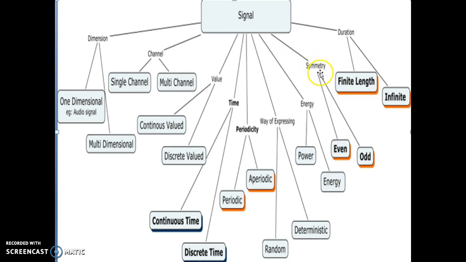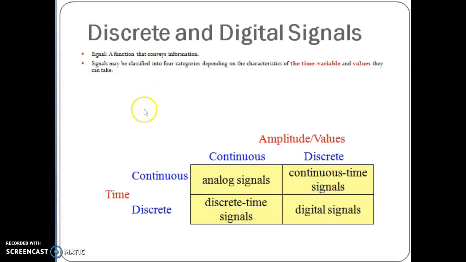Depending on symmetry, we can classify signals as even signals and odd signals. And by duration, a signal can be a finite length signal or an infinite length signal. So there are many ways we can classify signals. Coming back to the definition, a signal is a function that must convey information.